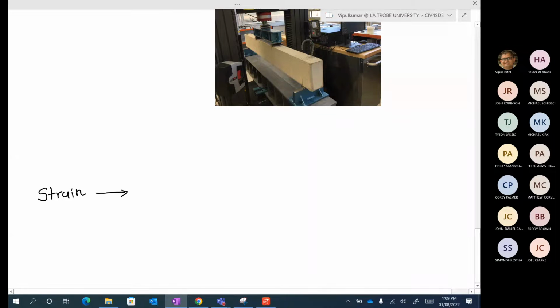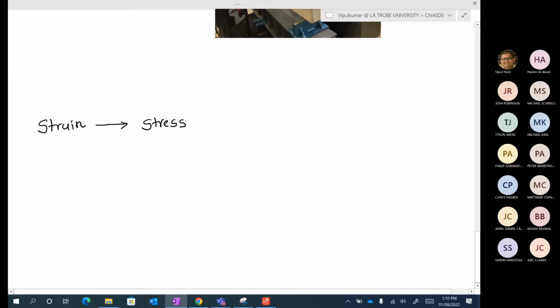Once you know the strain, you will calculate the stress. How are you going to calculate the stress? Because you know the stress strain curve of the concrete and steel. Let's say this is the stress strain curve of the concrete. If you know the strain from the standard, which is here, then you can calculate this stress in the concrete.